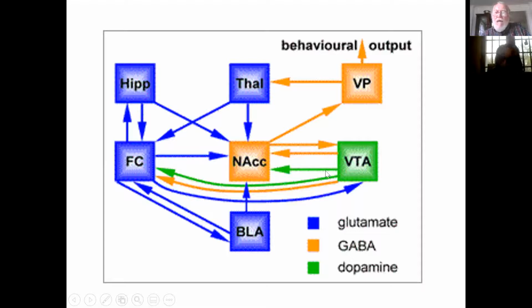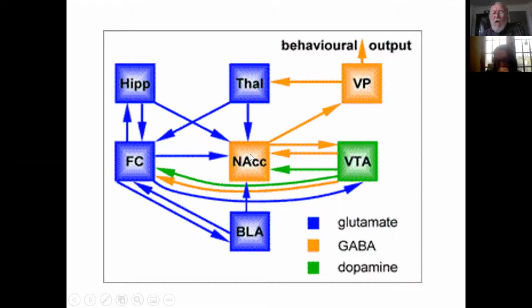And the ventral pallidum is very much involved in behavioral motor output, where you basically see the animal now engaging in a behavioral response. Notice what the ventral pallidum does to behavioral output. It is exerting a GABAergic influence, which means that the ventral pallidum, under normal circumstances, will inhibit behavioral output.